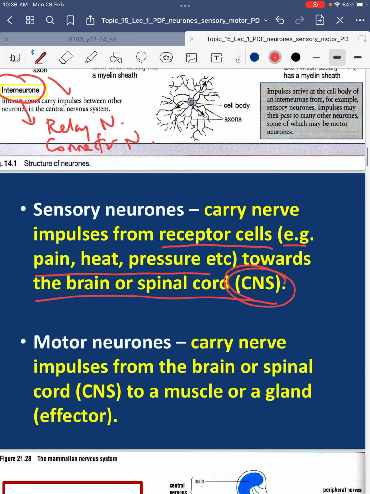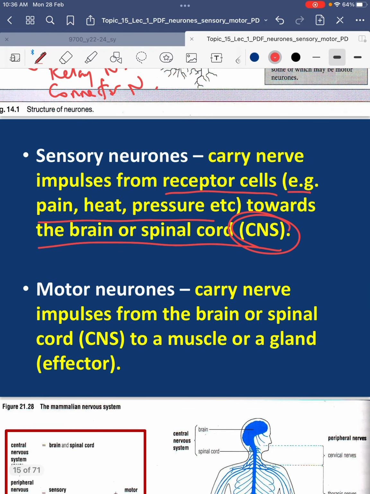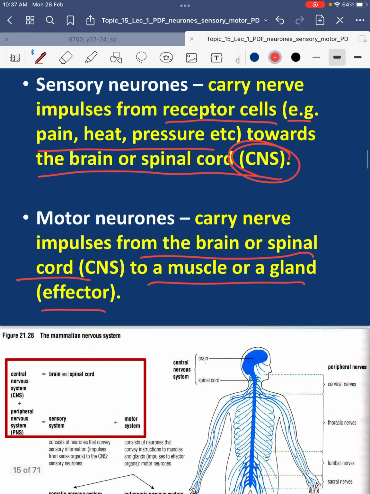And then for the motor neuron, it carries the nerve impulse from the CNS to the effector. A very good example of all this is the reflex arc, which I will show you later on. So sensory neuron: carry or transmit nerve impulse from the receptor to the central nervous system, whereas motor neuron: from the central nervous system to the effector.